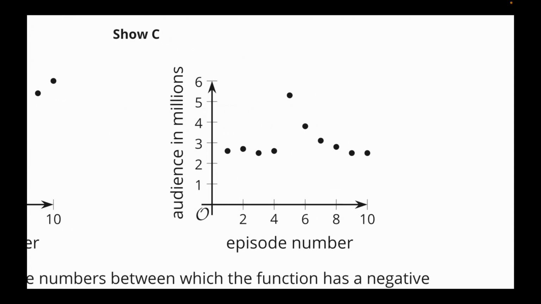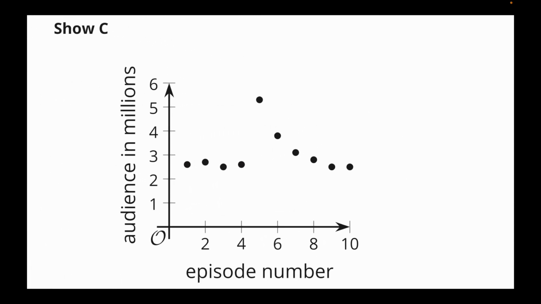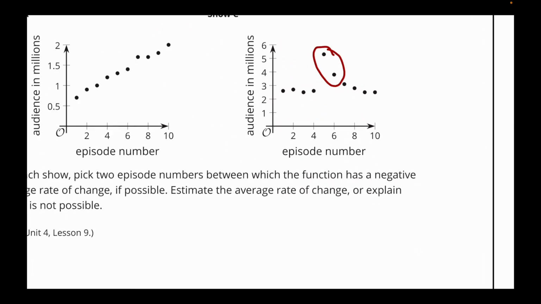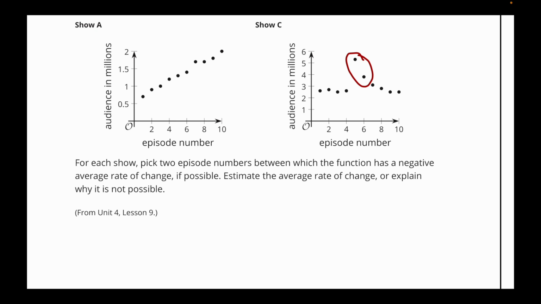Well, for show C, I definitely see a negative rate of change here. There's quite a few, but I'm going to use these 2 right here. So that looks like it's episode 5 and 6. So show C, episode 5.